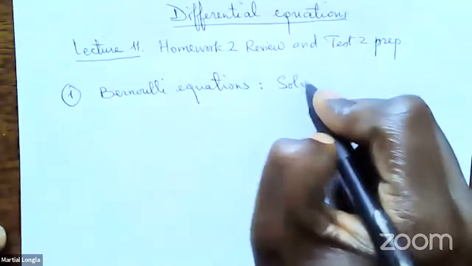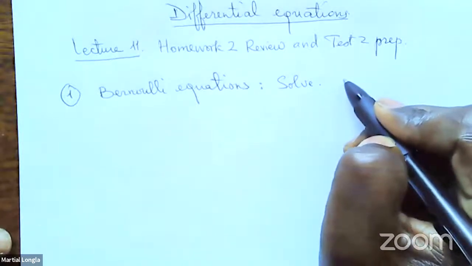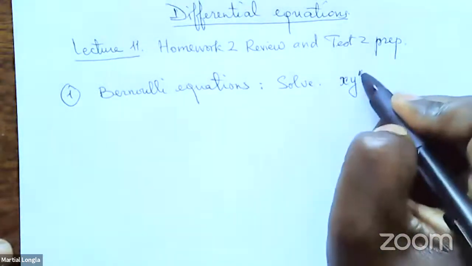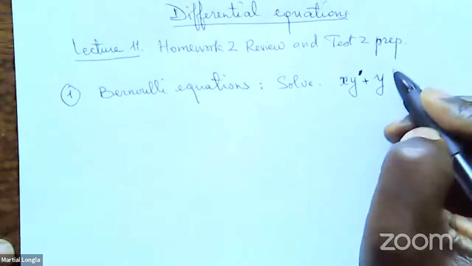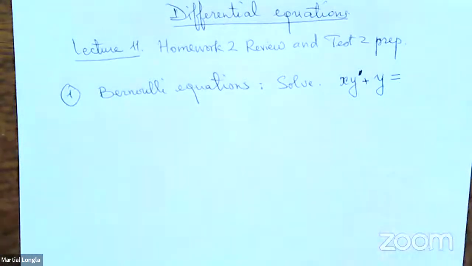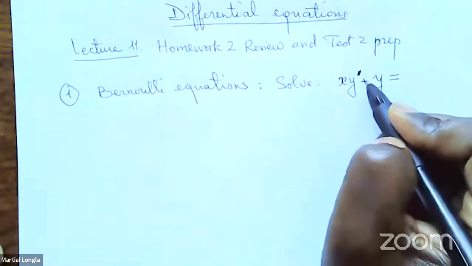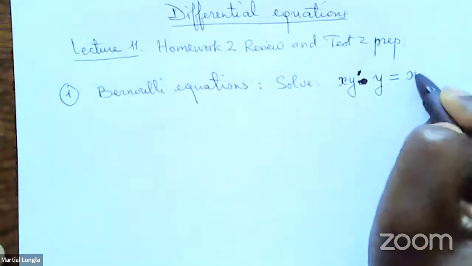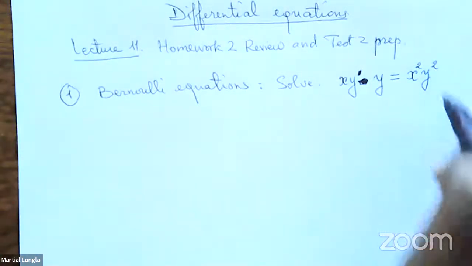Now we solve the following Bernoulli equation, and it's going to be given to you as xy prime minus y equals x squared y squared.